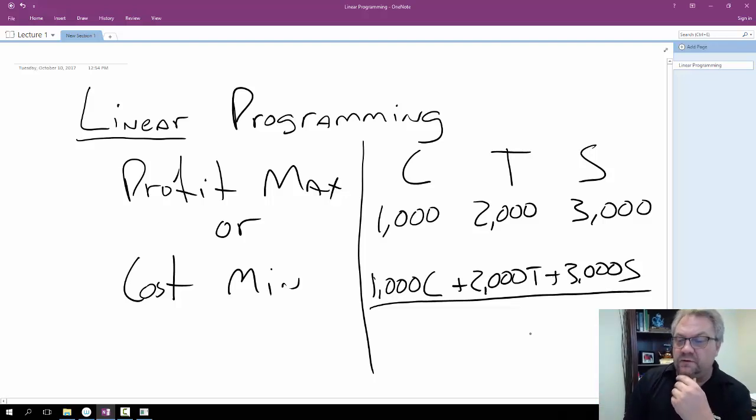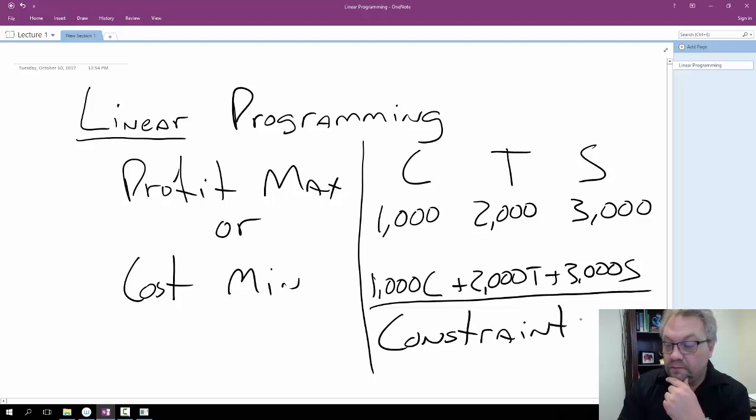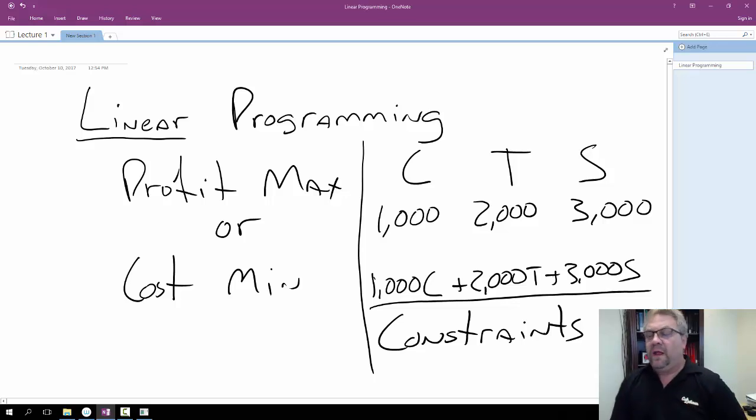So when we set up these problems, we need some constraints. And for us, the constraints are going to be things like capacity constraints, right? So if you think about producing cars, you've only got so many tires on hand, so many steering wheels on hand, so many leather seats on hand.